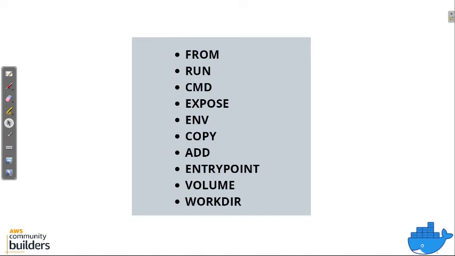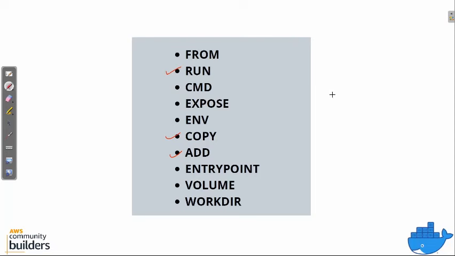Before moving to each of these frequently used commands, I'd like to tell you which instructions actually create a new layer in the image. These commands are only RUN, COPY, and ADD. Only these commands create a new layer.